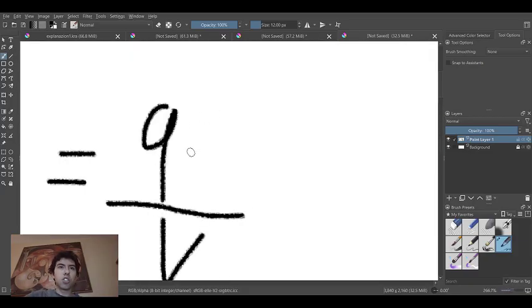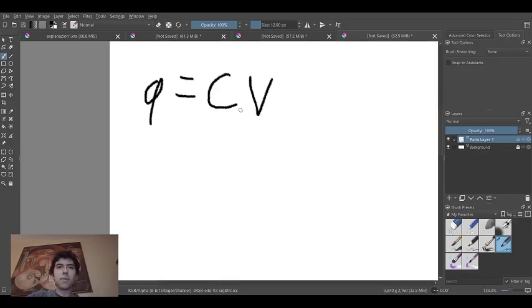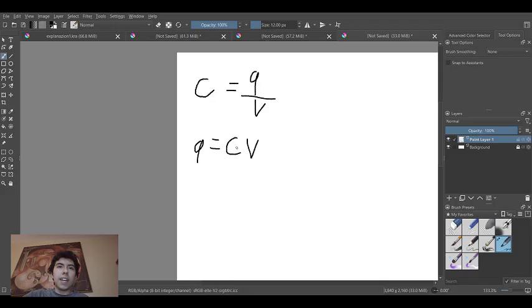Generally, we're going to take the charge as what we want to calculate. So Q equals CV.